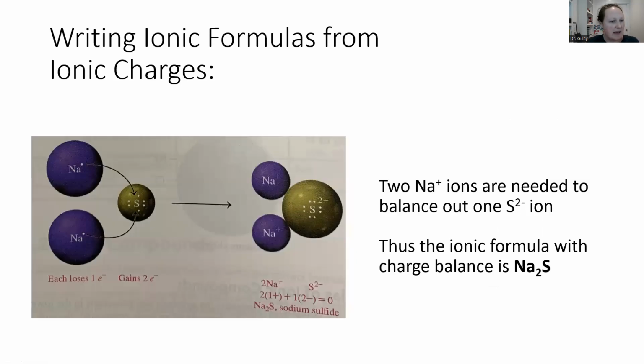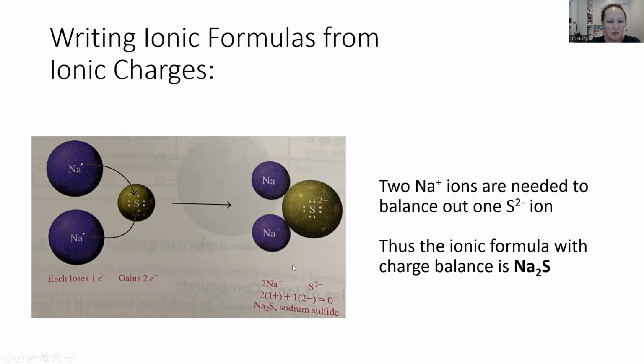Let's look at another example. In this case we need 2 sodium metal atoms to donate 1 electron each to a sulfur atom, forming sodium cations and a sulfide anion.